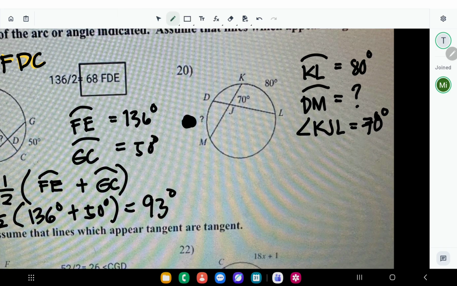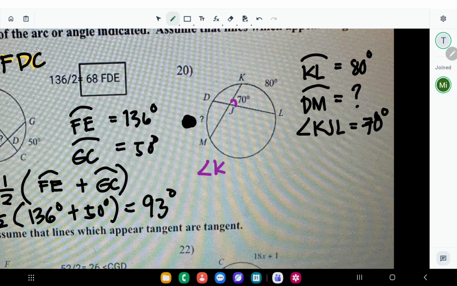So again, if two chords intersect inside a circle, then the angle formed is equal to half of the sum of the intercepted arcs. The angle formed here is angle KJL.